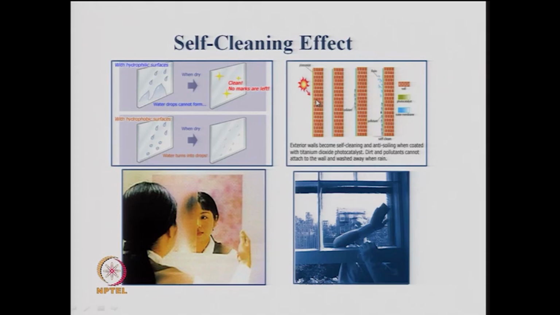So, it is self cleaning. In the presence of light, the catalysis occurs, and when you wash it with water or it rains, the walls become clean. Hence these are called self cleaning effects and have been used on doors, door handles, windows and buildings, etc.